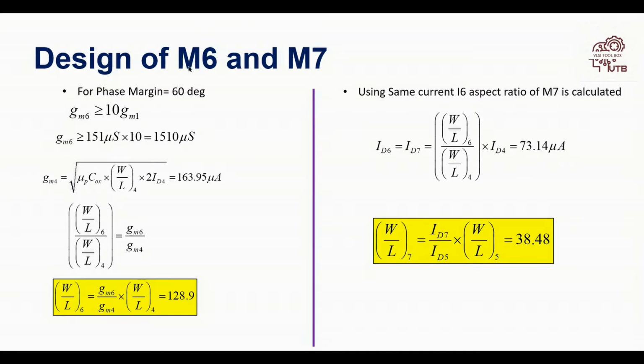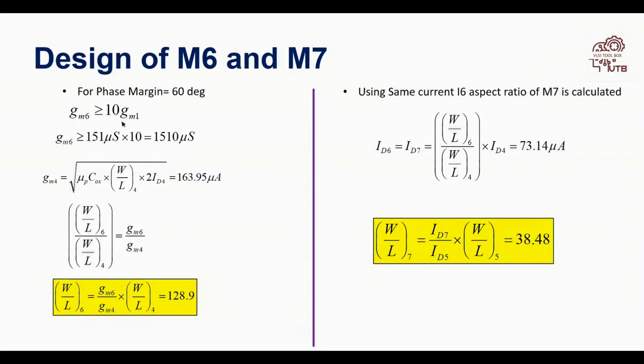Now designing of M6 and M7 from the phase margin specification, that is 60 degree, and the relationship gm6 must be greater than or equal to 10 times gm1. This is again derived and shown in the book CMOS Analog Circuit Design by Philip E. Allen and Douglas R. Holberg.